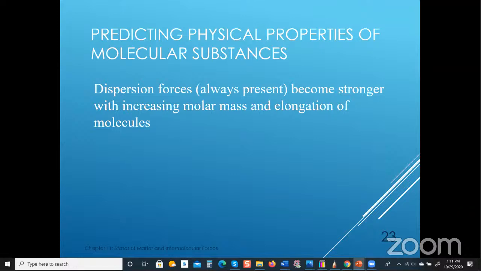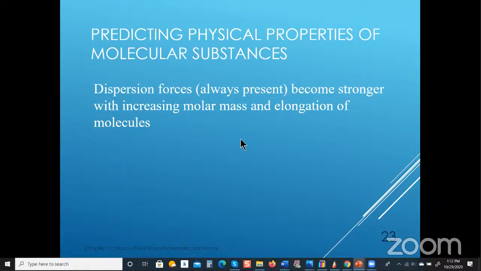I alluded to some of the physical properties that can arise based on what we have discussed. One of them is boiling point, another is melting point. Dispersion forces or London forces, which are always present regardless of whether or not the molecule is polar, become stronger with increasing molar mass and elongation of molecules.